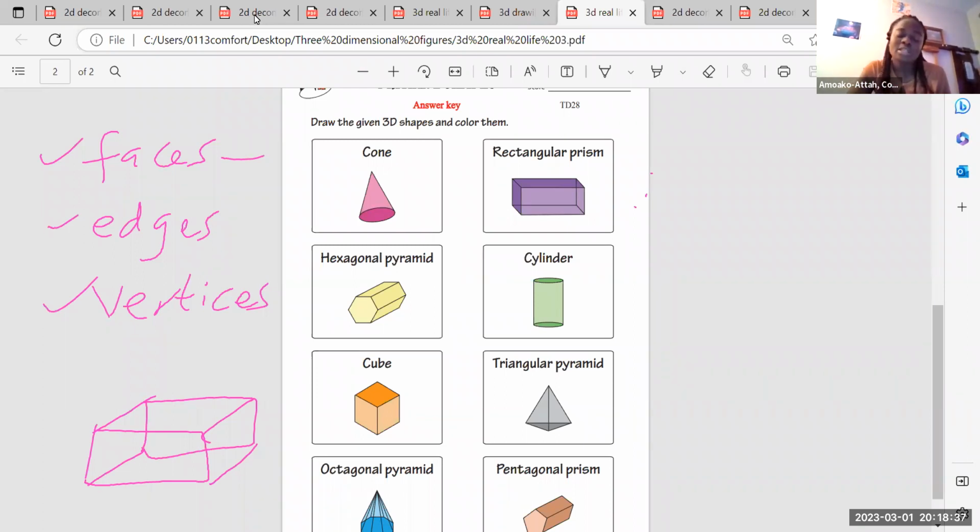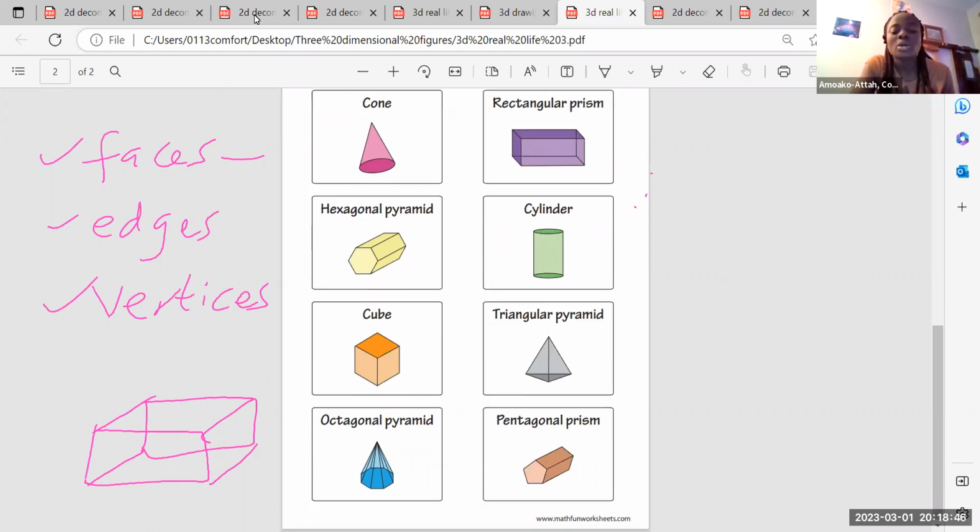So these are basically the shapes: the cylinder, the triangular pyramid, the hexagonal pyramid, the cube, the octagonal pyramid, and the pentagonal pyramid. Okay, guys, the last one. Then we are done.